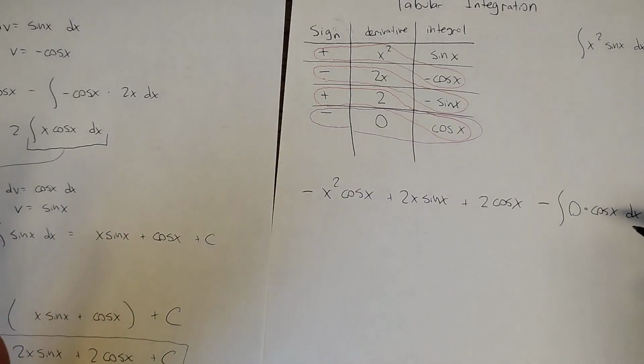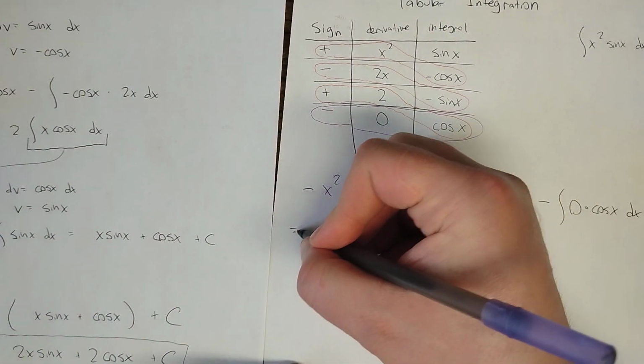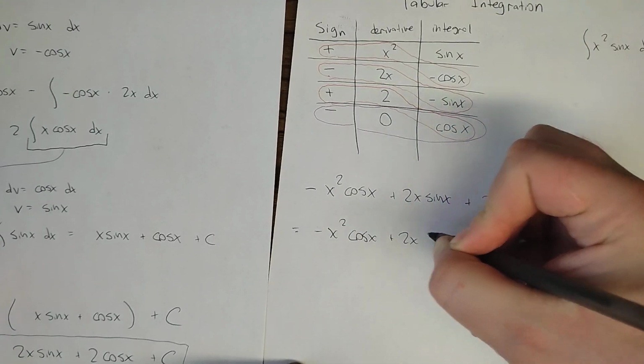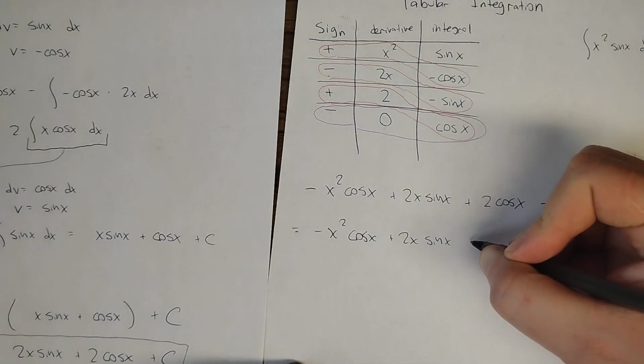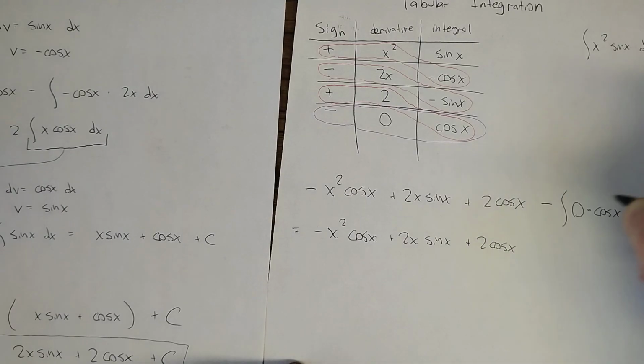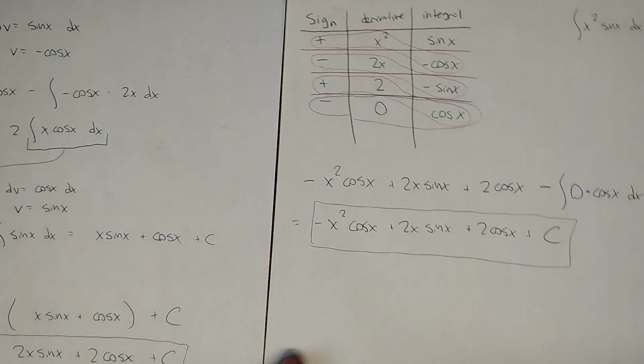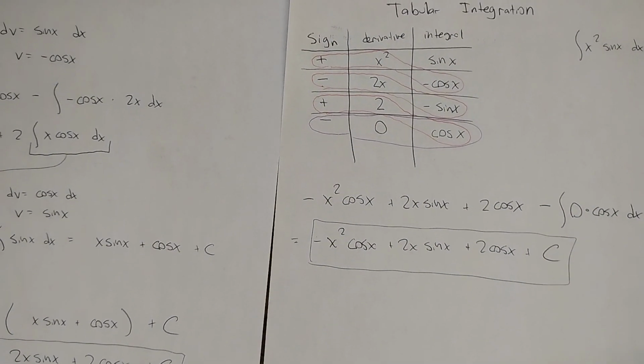Of course, in the situation we're in, this doesn't do anything. This whole thing is just 0. So this doesn't do anything. I just write a plus c and then we're good. So that's tabular integration.